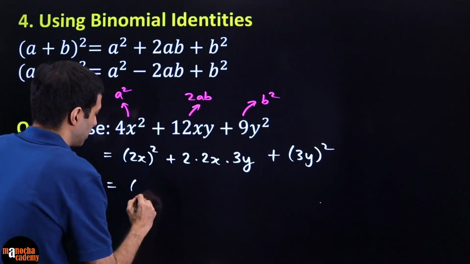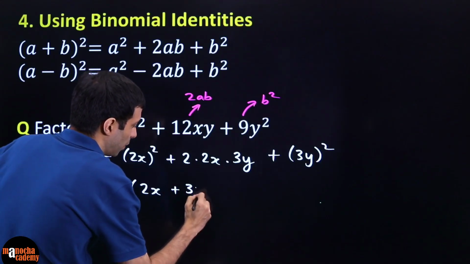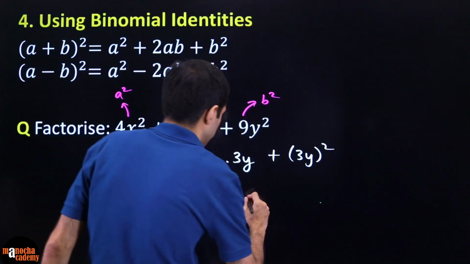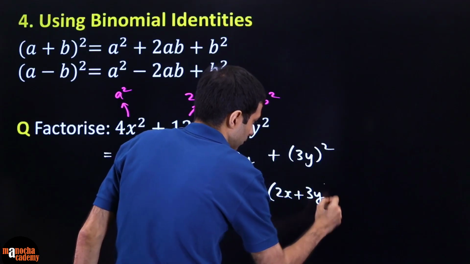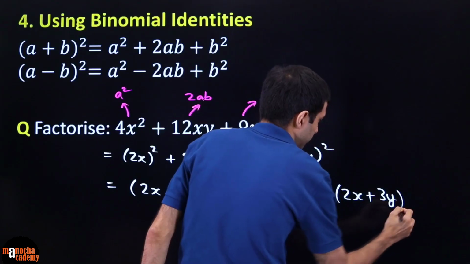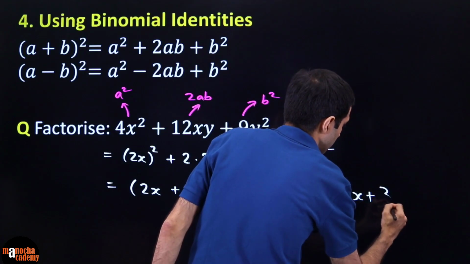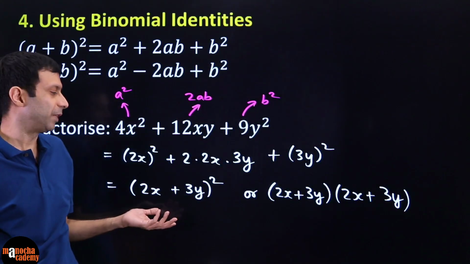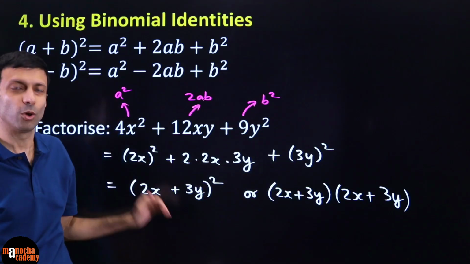So our expression is nothing but 2x plus 3y whole square, or you can write it as 2x plus 3y times 2x plus 3y, so whatever method your teachers prefer. If they want you to write it as a square or write it 2 times, both are correct.